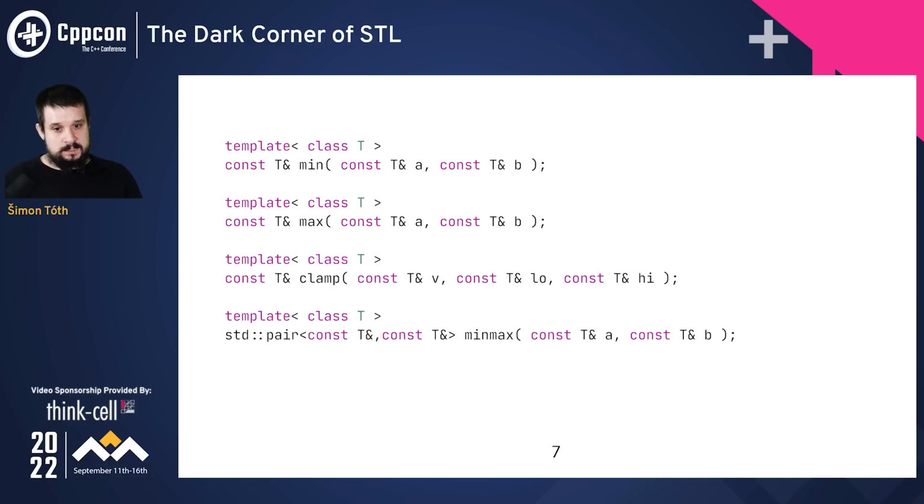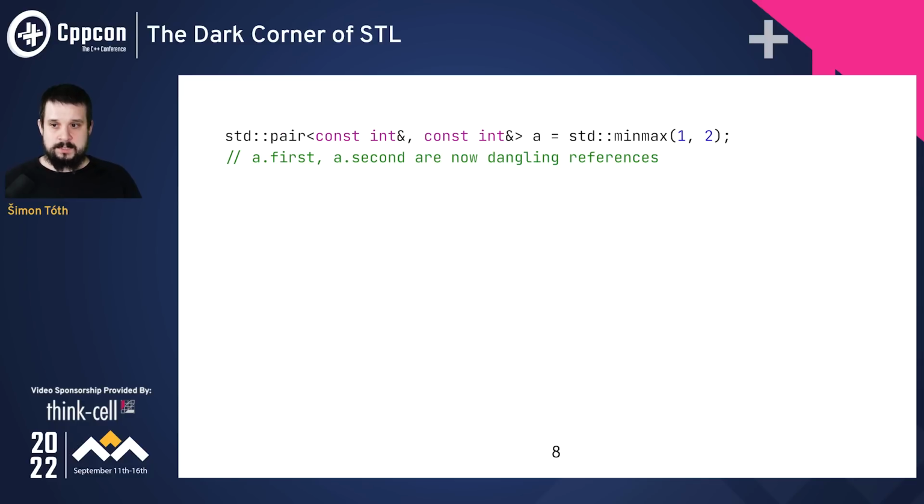And to understand why this is an issue, we can kind of rewrite the line using the auto to be a little bit more explicit. This is actually the equivalent line from the 2 slides back. We call MinMax, and we store the result into a pair of const references. Now, the reason why this ends up with dangling references is very simple.